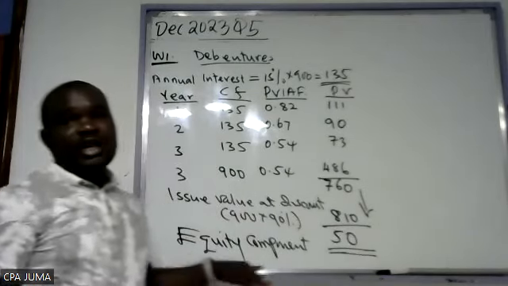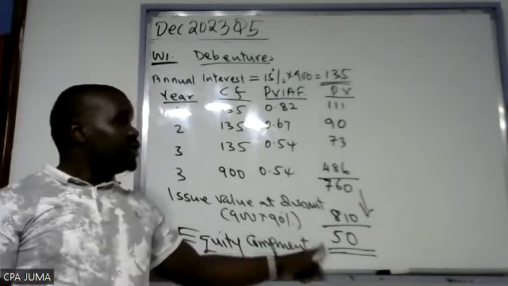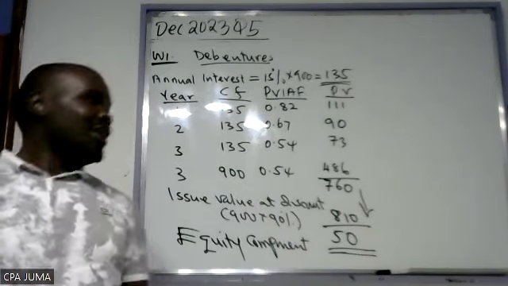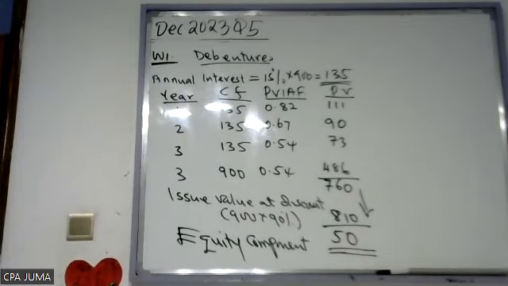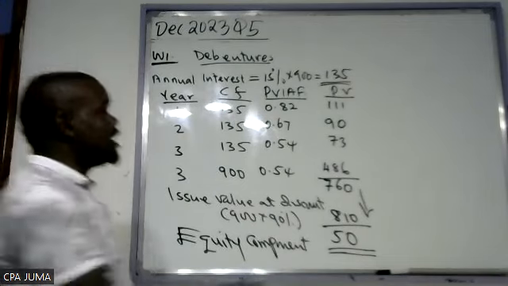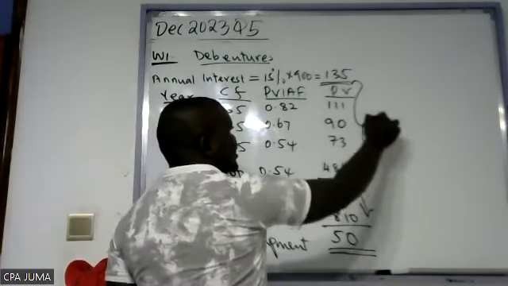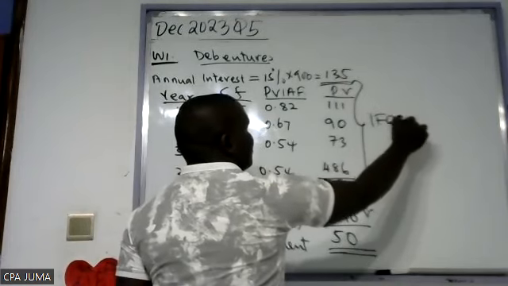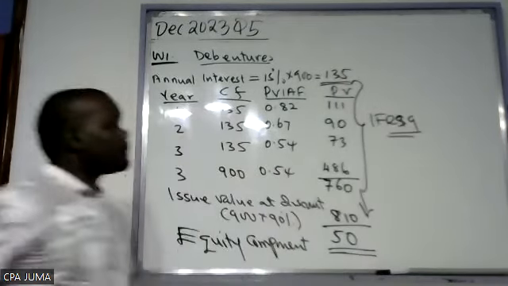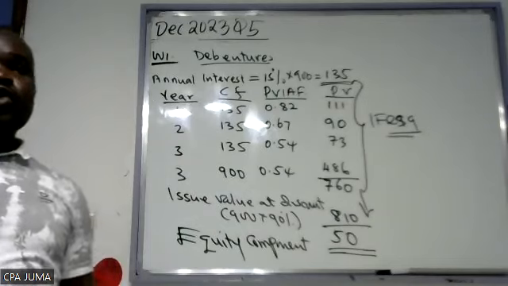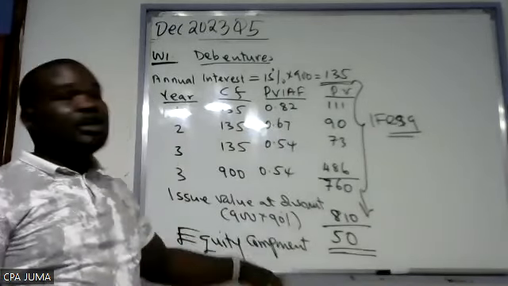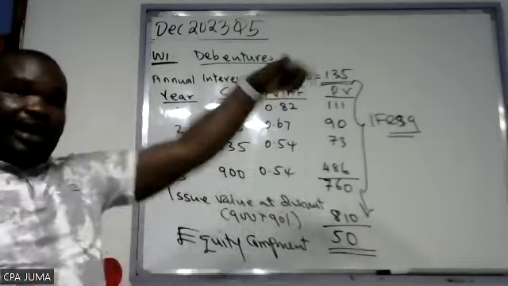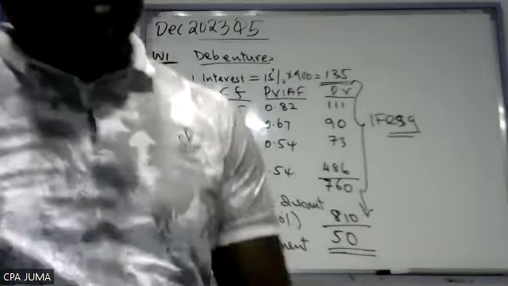So tukienda kwa balance sheet and equity, please remind me of this 50. Hey, I hope so. I just hope so. But this one really disturbing people. This is IFRS 9. This is about IFRS 9 concept. When you discount the cash flows, then you compare with the actual. The difference is always the equity part, which goes to the balance sheet under equity.